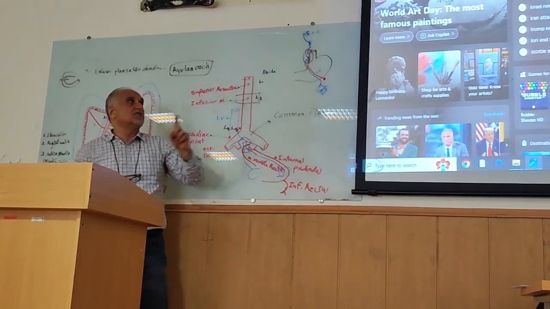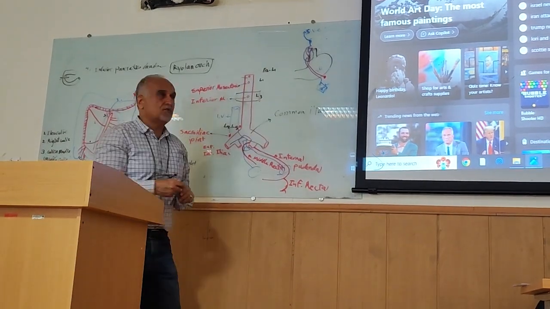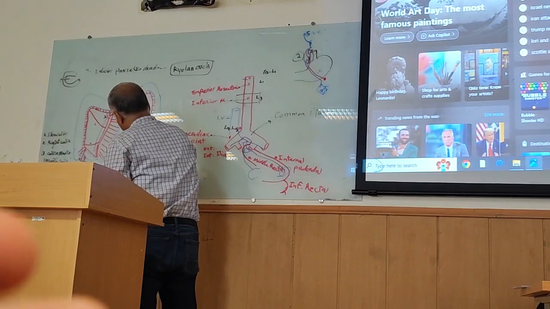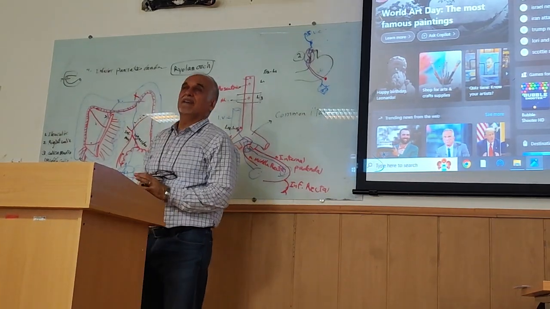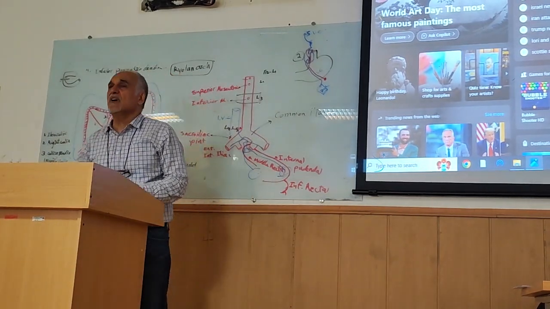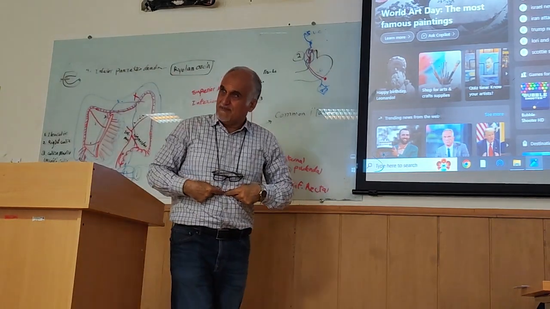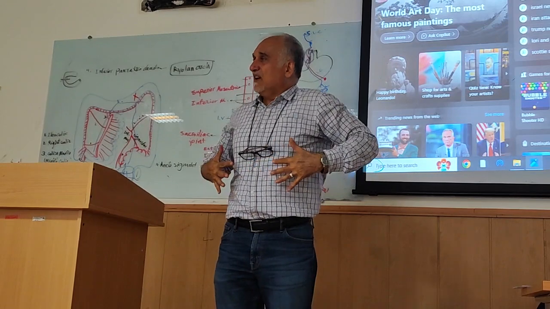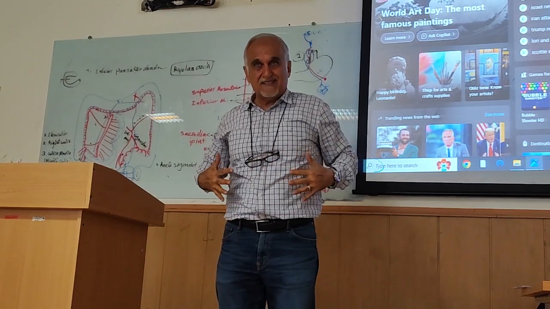Number 3. So number 1, number 2, and number 3. Around our umbilicus here, I showed you in the slide that there are a lot of superficial veins, yes?